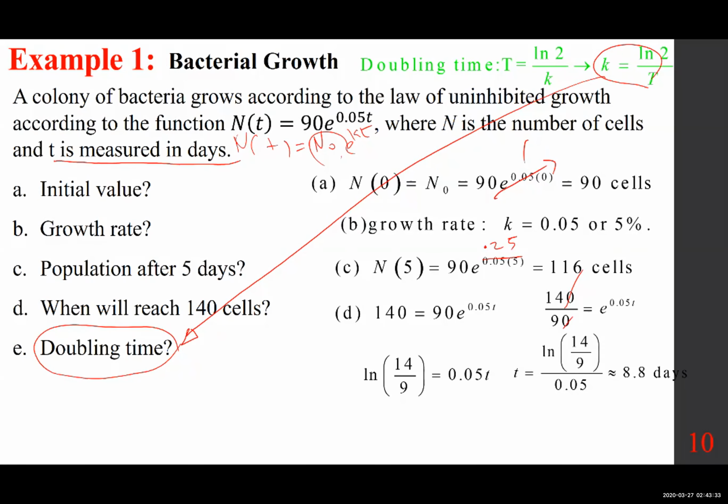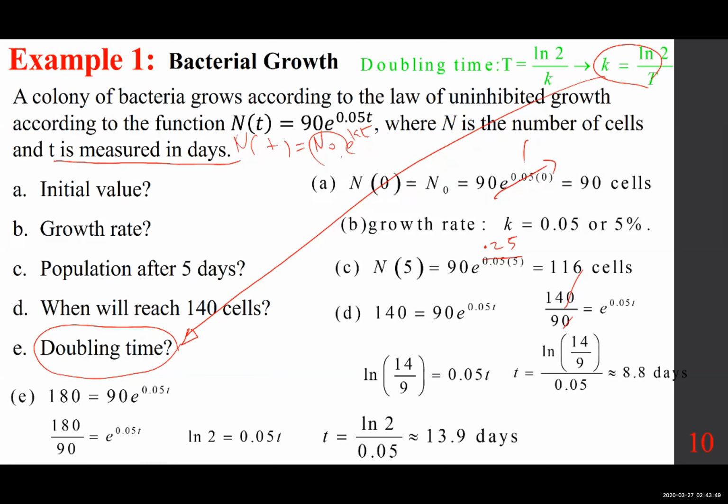Or you can go through the process: doubling means 90 becomes 180, divided by 90 is 2, and t is ln2 divided by 0.05. Do you have to do this? No, you can use the formula because we developed the formula for doubling time. t equals ln2 divided by r or k.